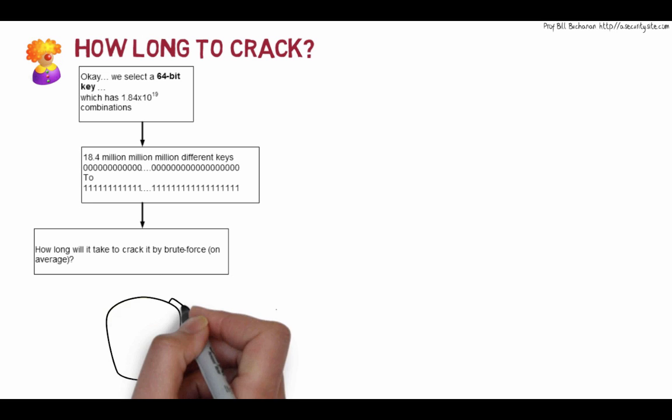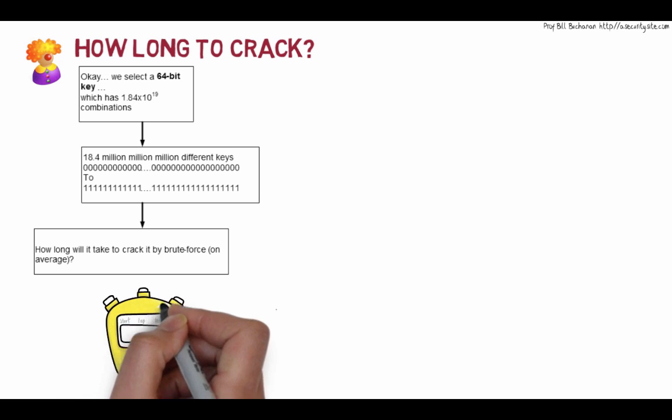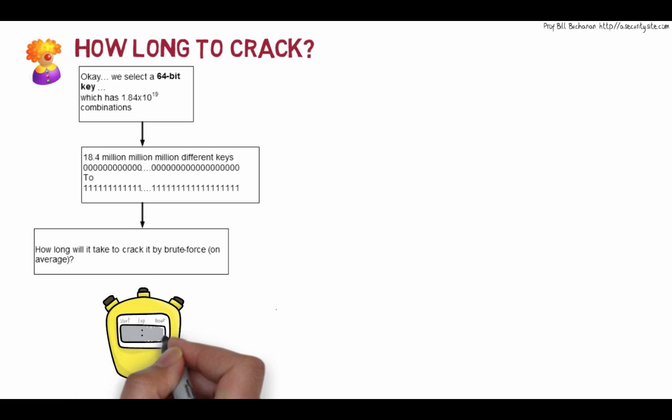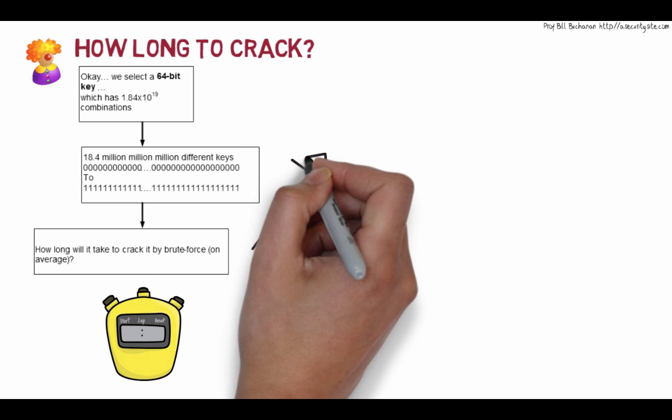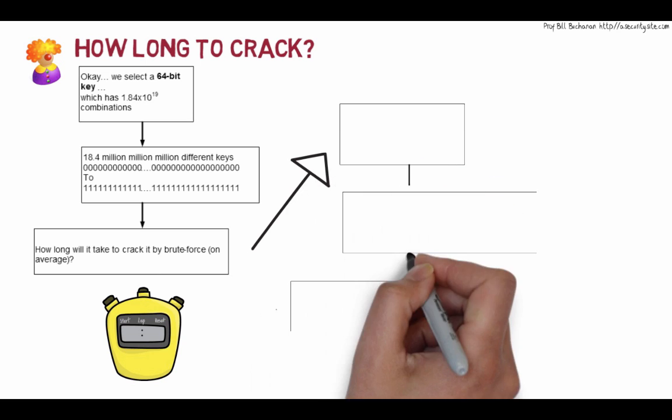So let's say we'll take a fairly average type computer. Okay, we'll take something that will crack a billion keys in a second. And then we'll do a calculation. Okay, let's do our calculation.